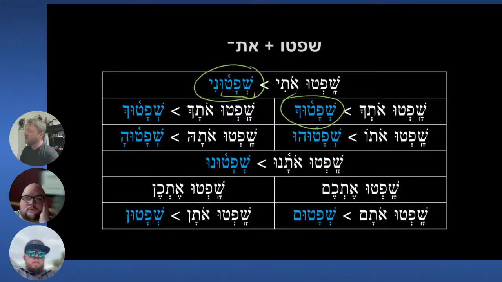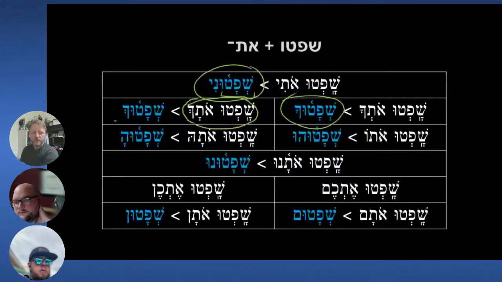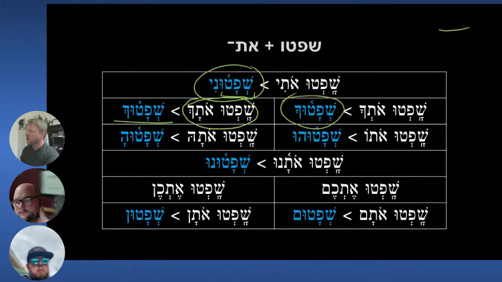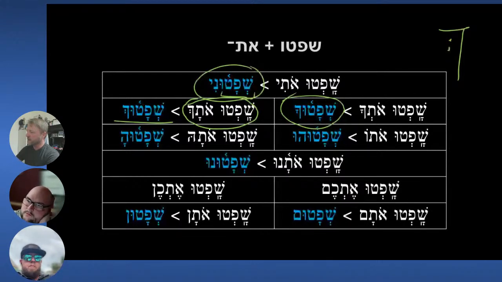Shfatucha means they judged you. Shaftu otach, shfatuch. Is the actual ending. They judged you, when you're speaking to a woman.